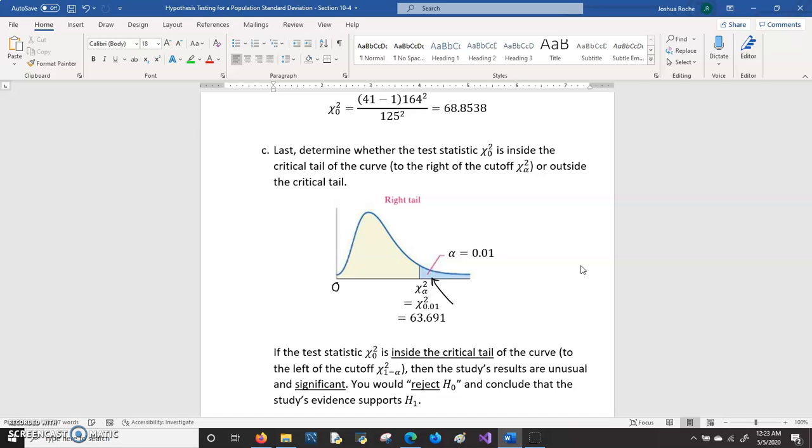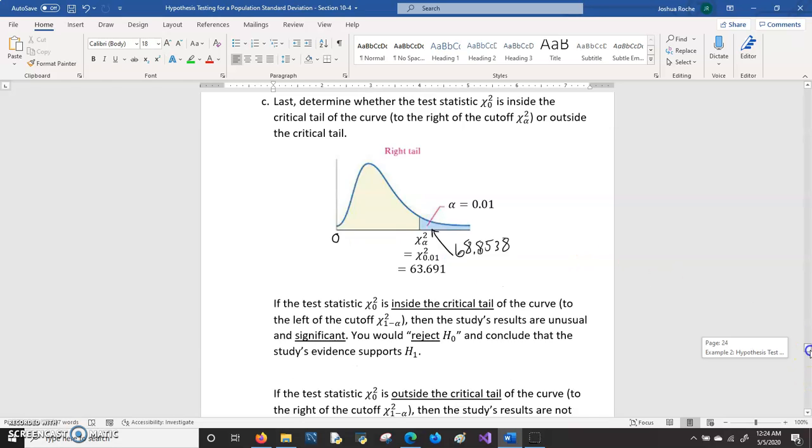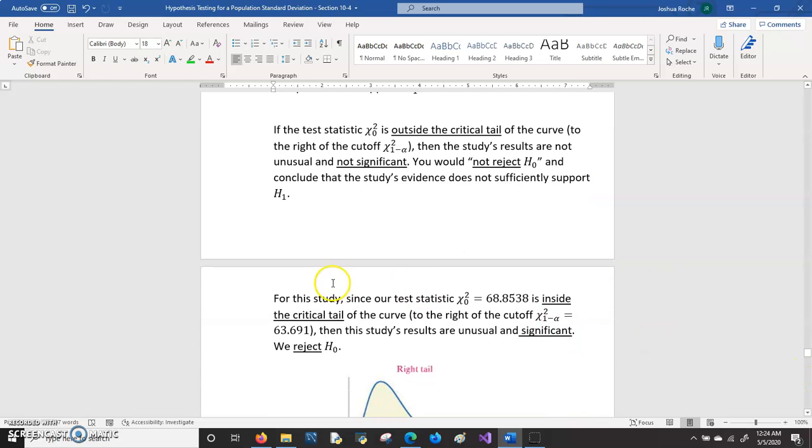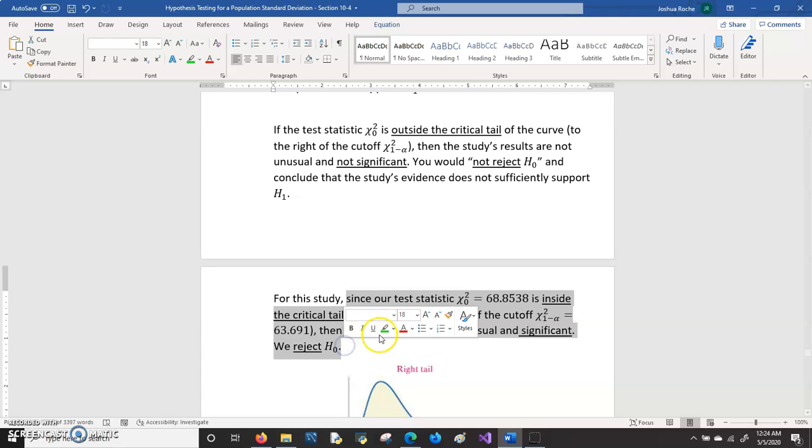It's maybe somewhere around here. So our test statistic is inside the critical tail, and that means that the results of this study are unusual and significant, and our conclusion would be that we reject the null hypothesis.